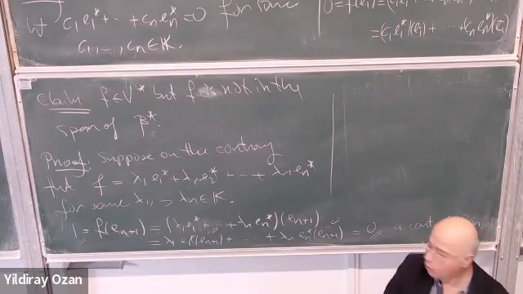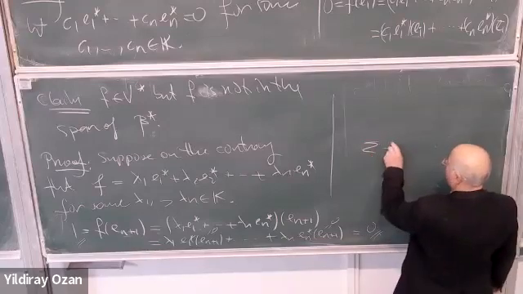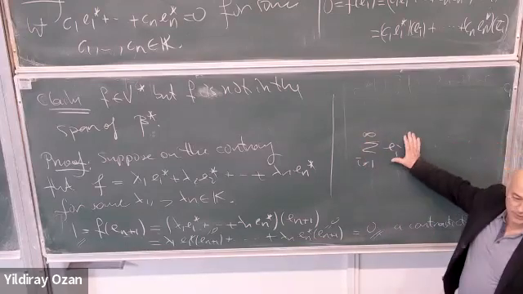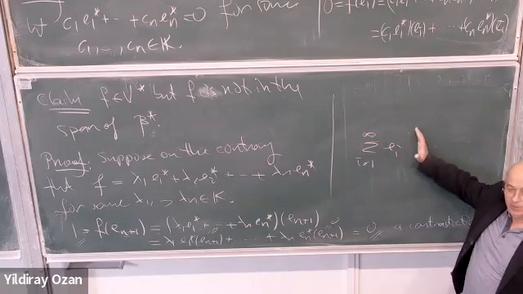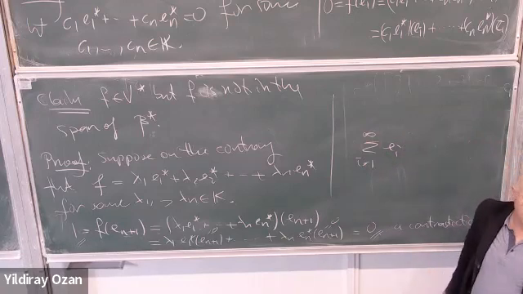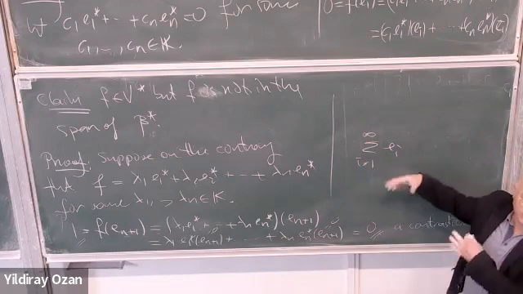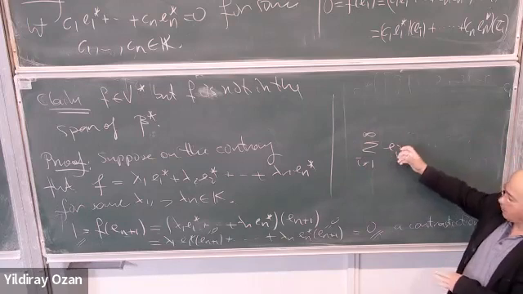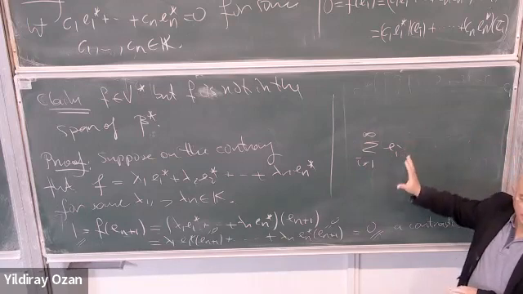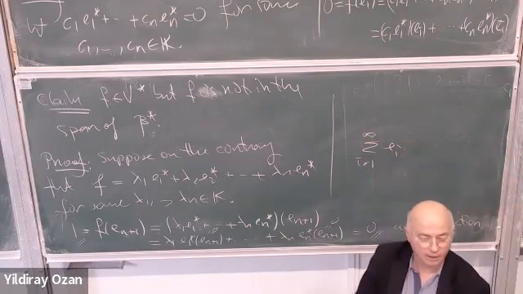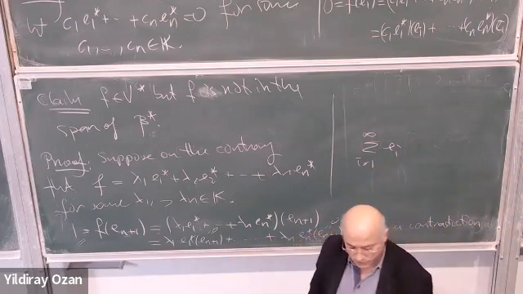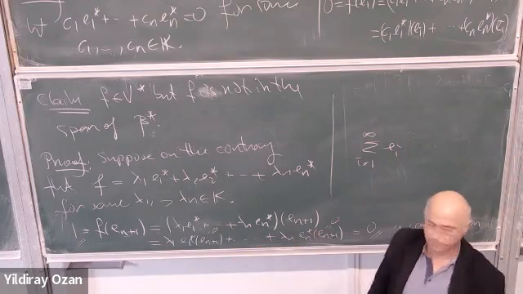We don't know what this means, the sum over i from 1 to infinity. I don't know what this means. In linear algebra, this is not a well-defined object. Well, of course, you may define it, but at least at this level, we don't consider anything like this. For us, sums are finite sums.